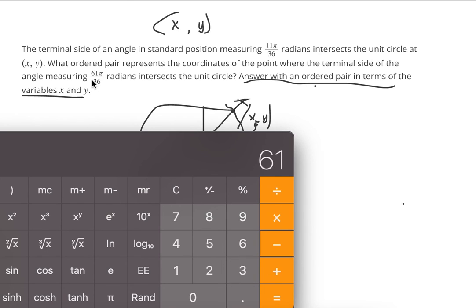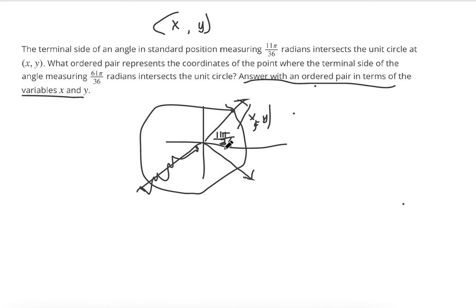So if you subtract the angle that we're given from 2 pi, we get 11 pi over 36 over here for a reference angle. So it's the same reference angle, 11 pi over 36. Okay, it's the same reference angle, so it's going to make the same trig ratio. It'll intersect the same numbers, absolute values of the x and y coordinates.